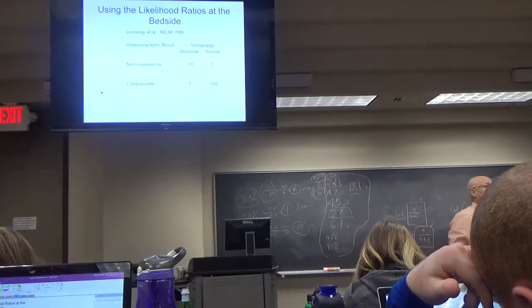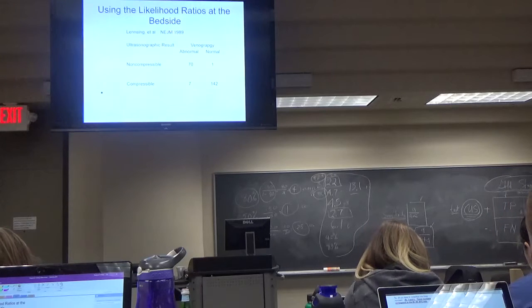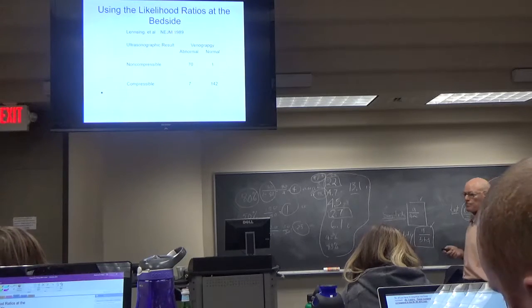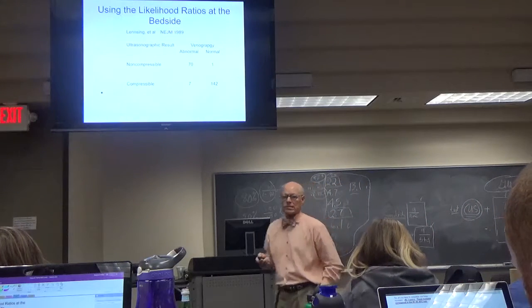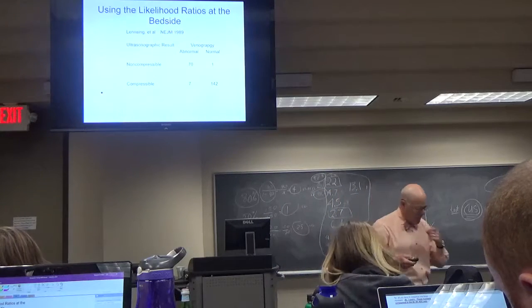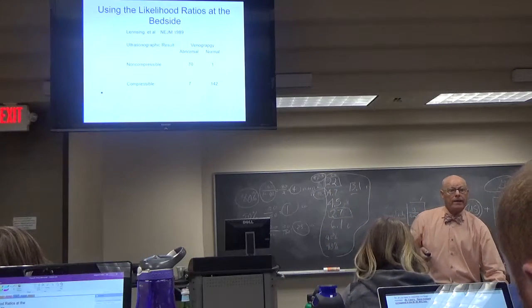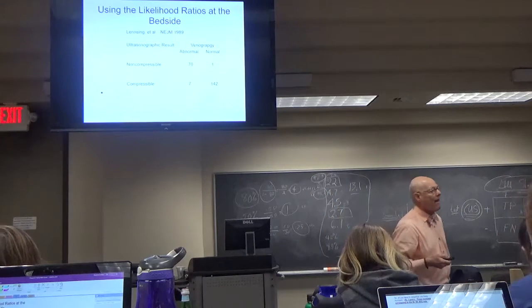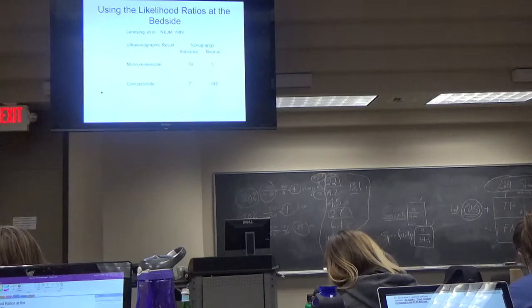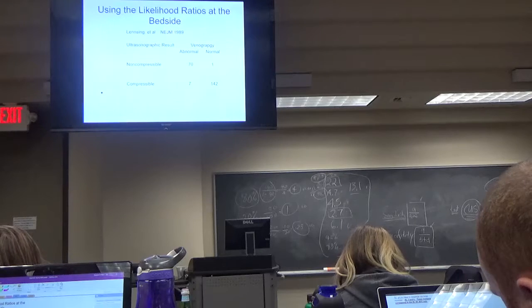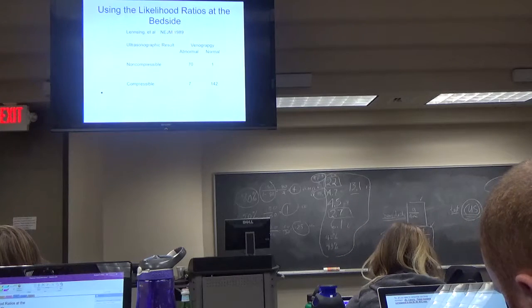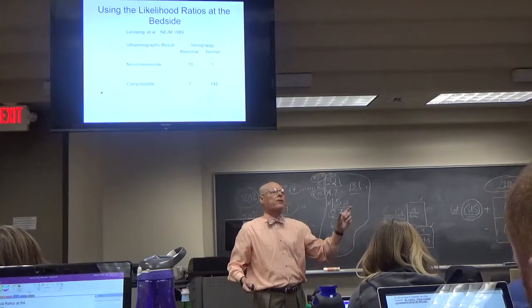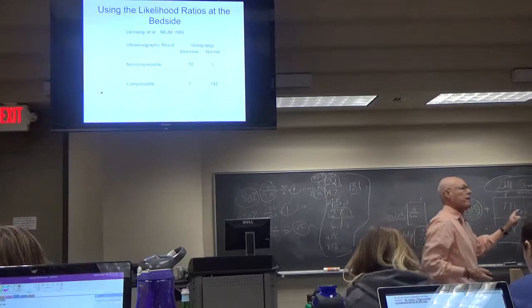So if it's 91% sensitive and 99% specific, what's the likelihood ratio of positive? 91? Everybody get that? What's the likelihood ratio of negative? 0.1. Okay, so we've got a likelihood ratio positive of 90 and a likelihood ratio negative of 0.1.